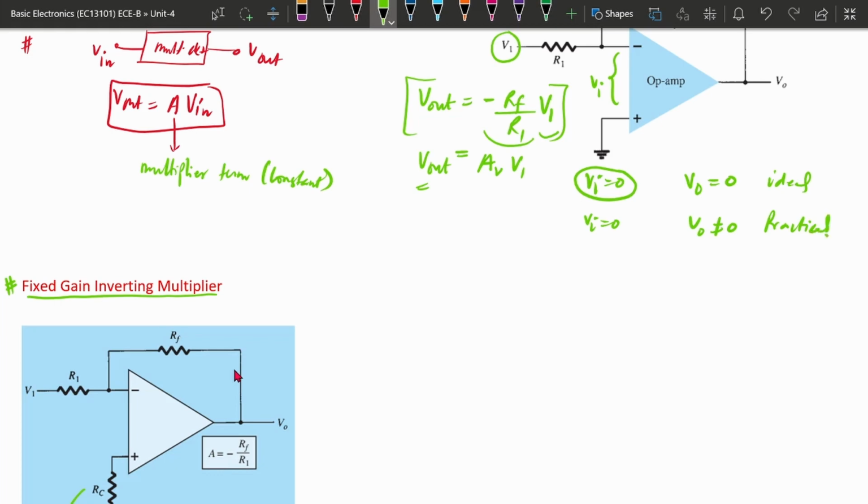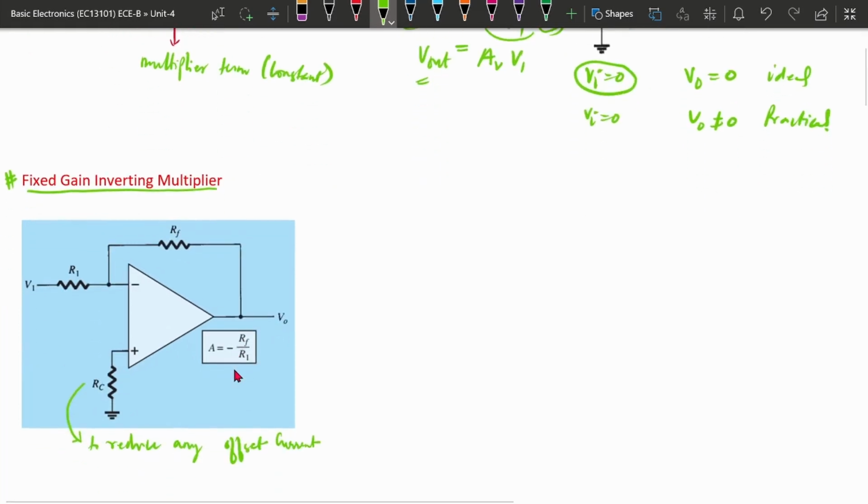To make sure our output is 0 when input voltage is 0, we need some resistance connected this way. Initially we assumed the current inside this operational amplifier is 0. I1 and I2 are 0.